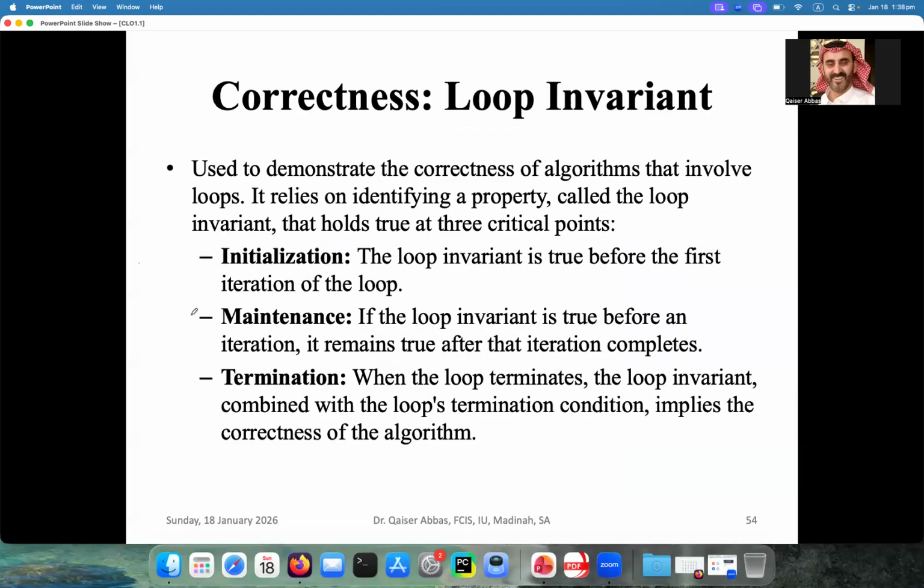Okay. Loop invariant. The previous two methodologies were easy, meaning through those methodologies you can prove whether some algorithm is correct in defined steps. But this methodology that you are going to experience is totally different from the previous one.